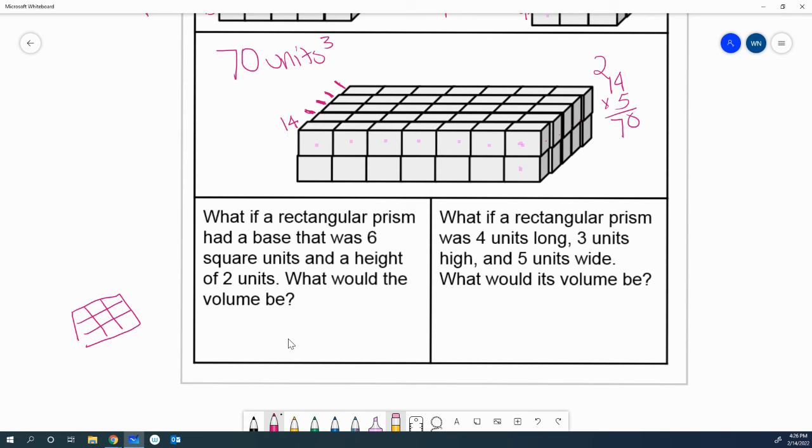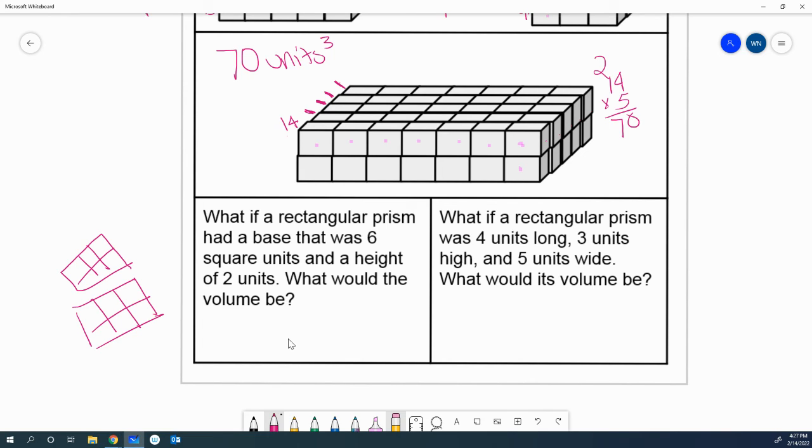Hold on. There's 6 square units and a height of 2 units. So it would go up and there would be another layer of 6 square units. What would the volume be?